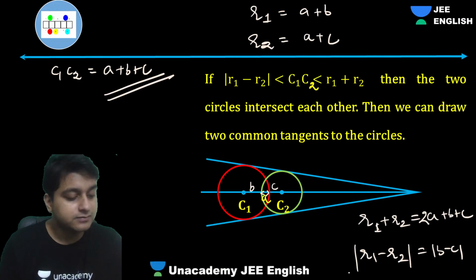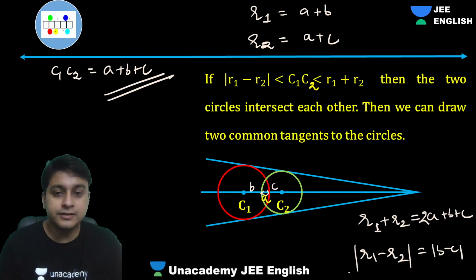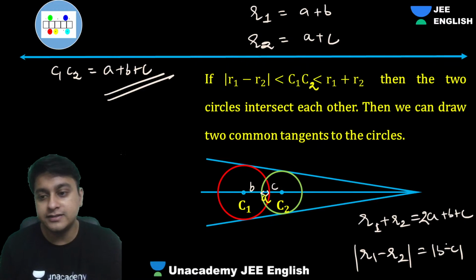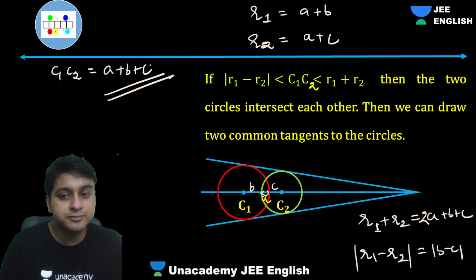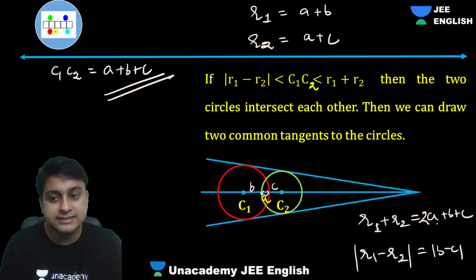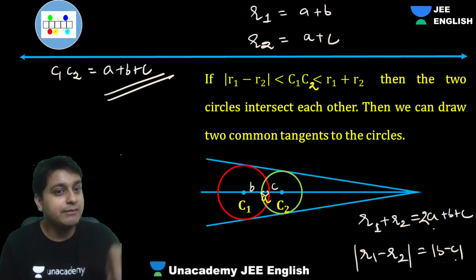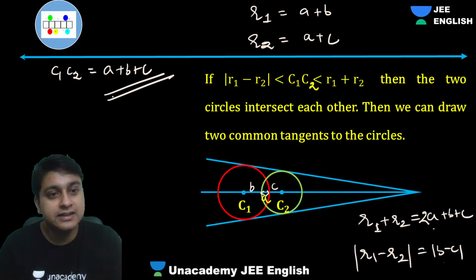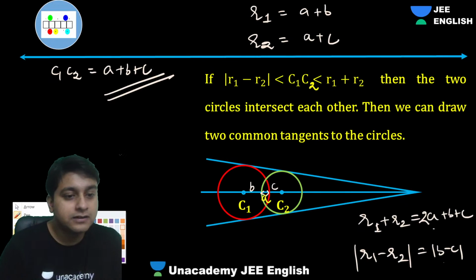Yes. Isn't it, everyone? So first of all, what we've got is that this number A plus B plus C is obviously less than 2A plus B plus C, and it will be more than B minus C. So what will happen?